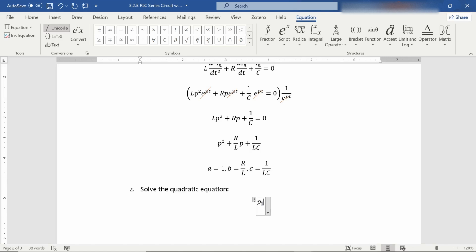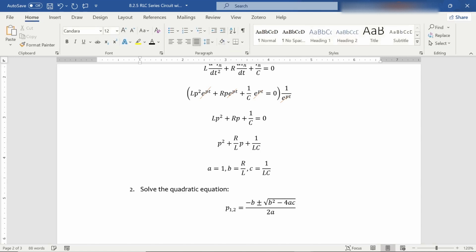So we have p1,2 equals negative B plus minus the square root of B squared minus 4AC, all over 2A. And this is very straightforward. We just have to substitute the given values for A, B, and C, so that p1,2 equals negative R over 2L.